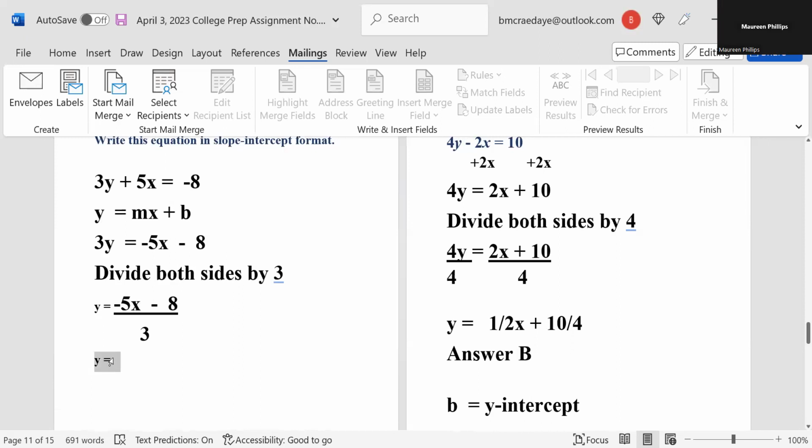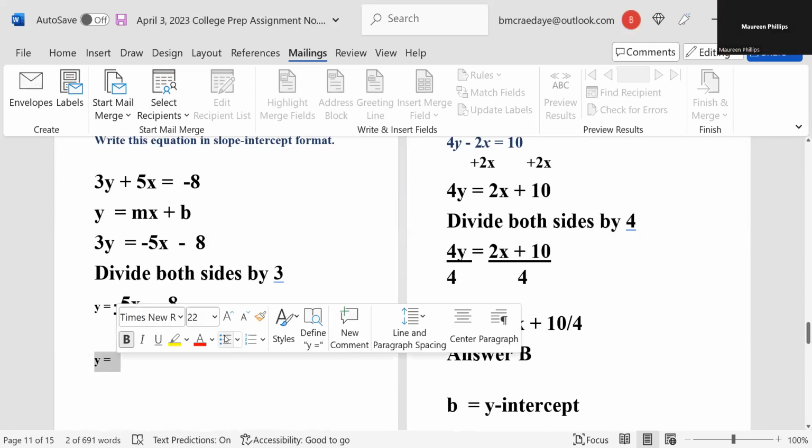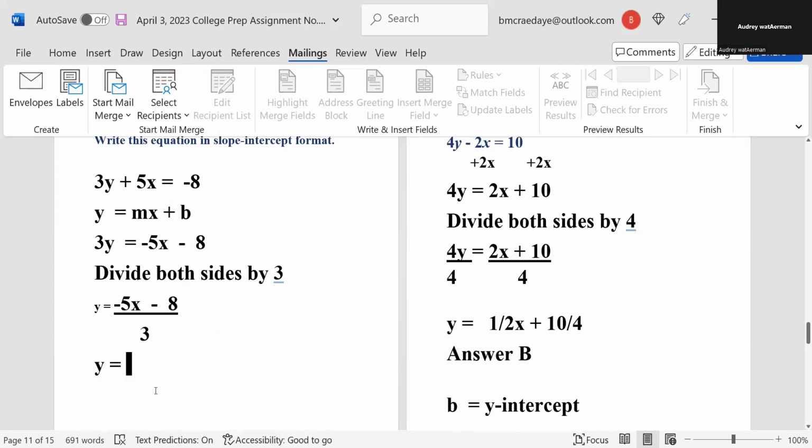You subtract 3 from 5, right? No, that's a division, Maureen. That's not subtraction. Just leave it as it is. Minus 5x over 3 is just minus 5x over 3. We don't have to do anything with it.